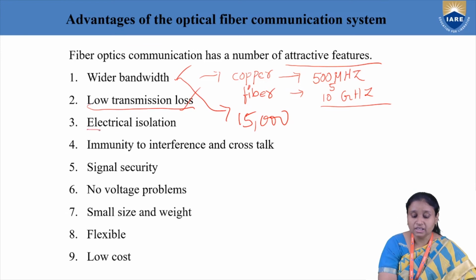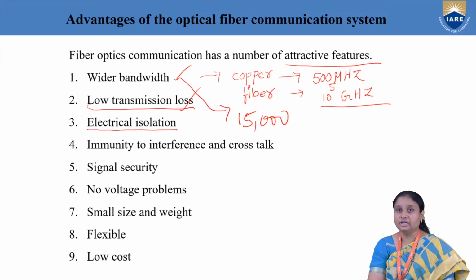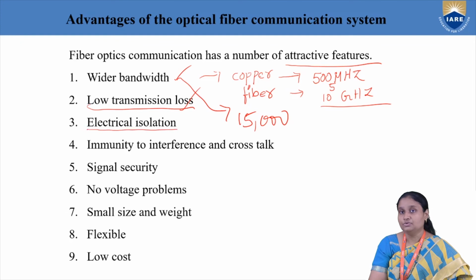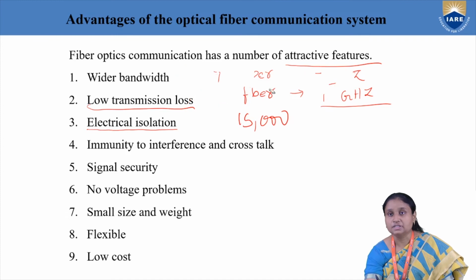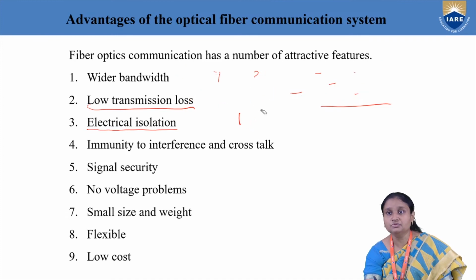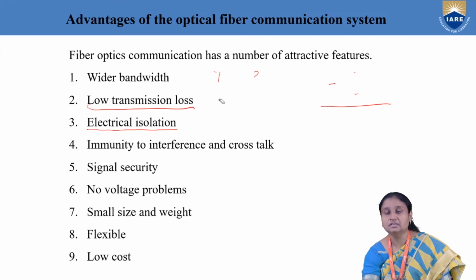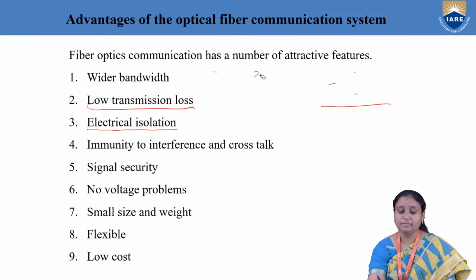Then coming to the third advantage of optical fibers, electrical isolation. Now what do you mean by electrical isolation? Generally, what is the medium we choose in order to send these optical signals? The medium we choose is fiber material. And what is our fiber material?